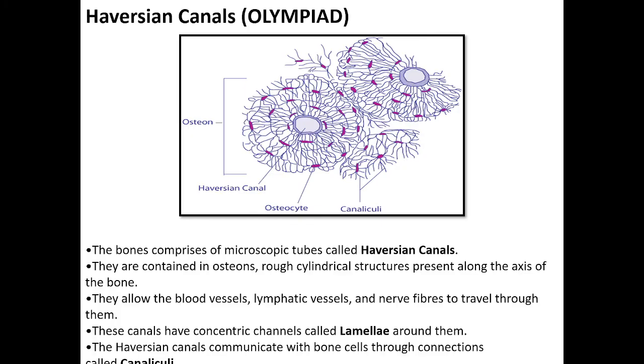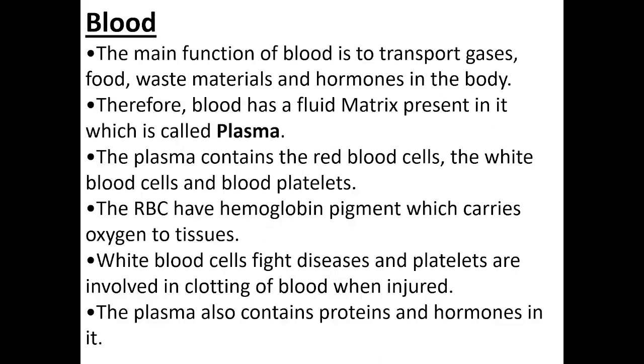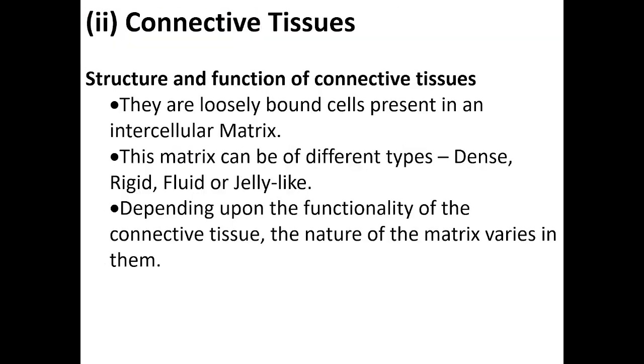Clear about the connective tissues? Okay, so how many tissues have we learned in the connective tissues? Seven types we have learned. So each and everything you have to learn. Now how to learn all the things that I have already told? Your short notes, your points and your table format will help you to remember all these points.